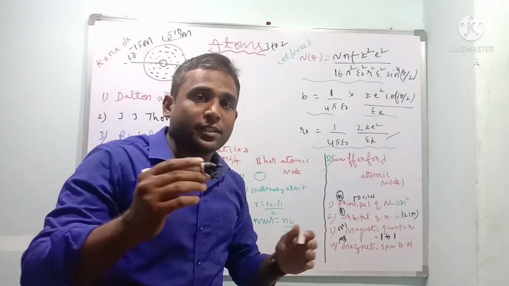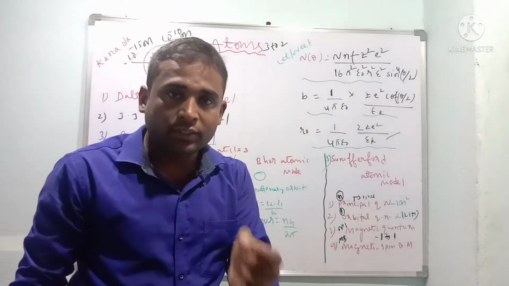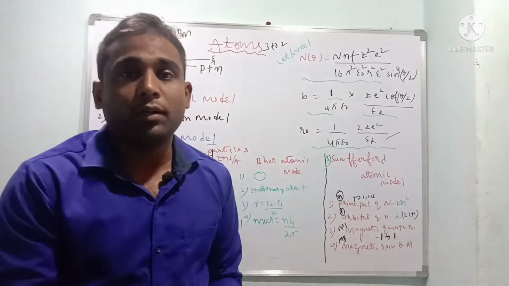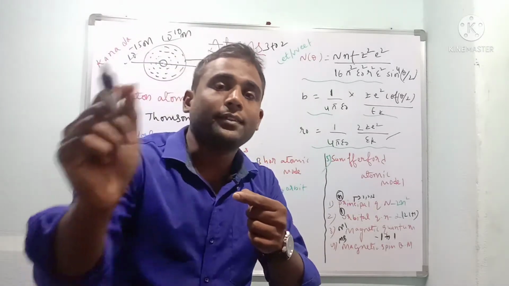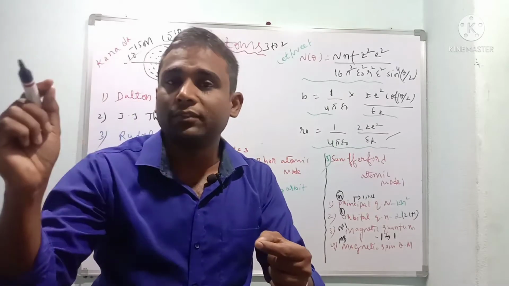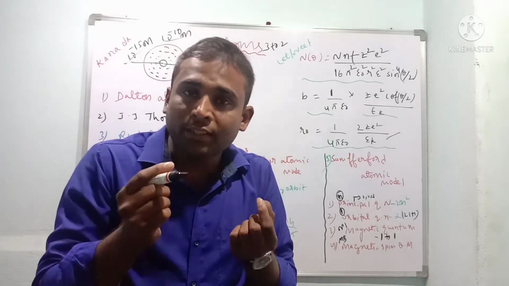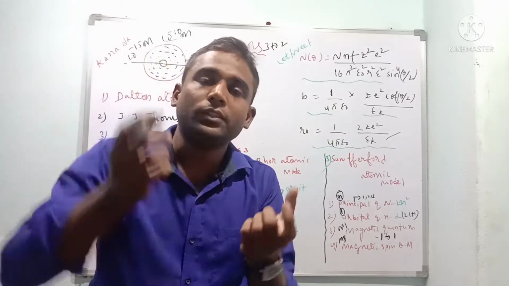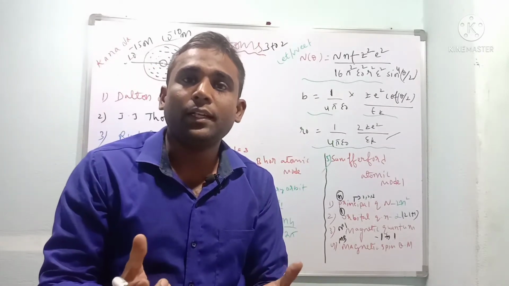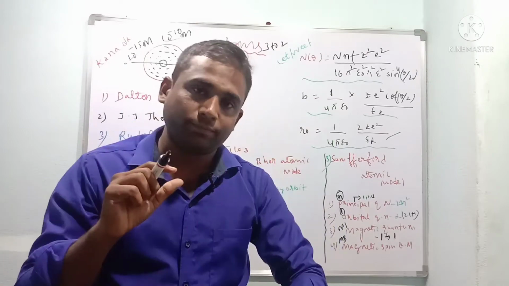If you consider a stadium and keep a ball at its center, the ball is the size of the nucleus and the stadium is the size of the atom. This is the major difference between the size of the atom and the nucleus, nearly 1 lakh times.